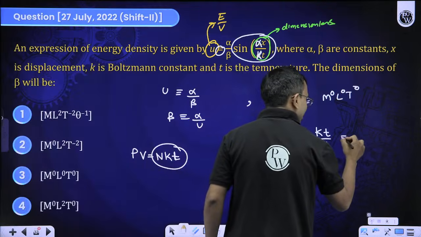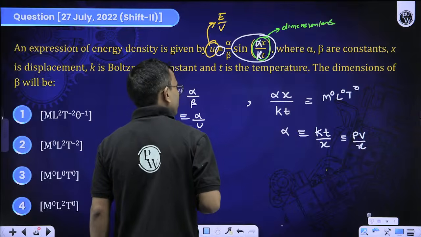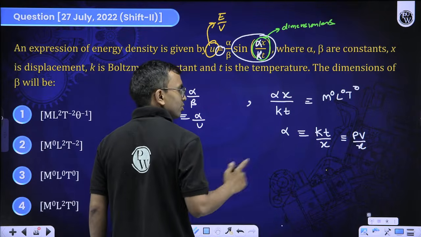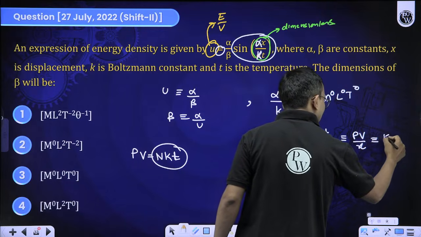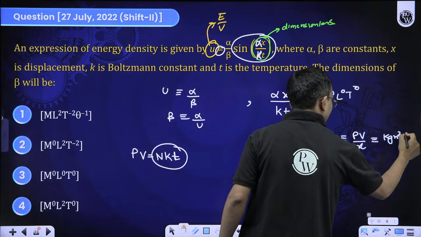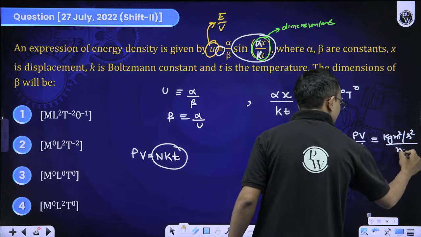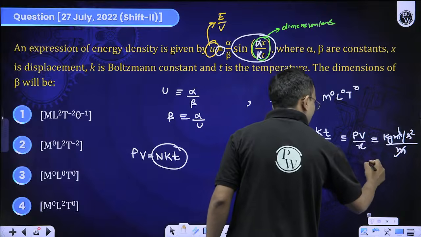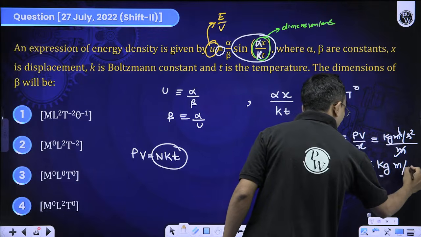So you can write this as pressure into volume by x. What was the unit of pressure into volume? Energy, we just learned that. So here it is kg meter square per second square divided by, for x, just meter. This is getting cancelled. So I got kg meter per second square.